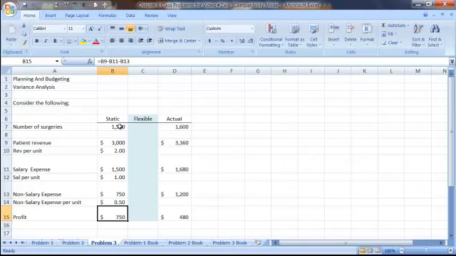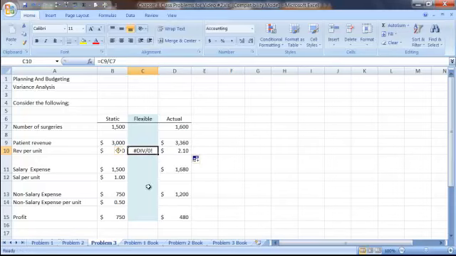So now we know what the standard costs were for what we thought we'd get in revenue per surgery, what we thought the salary cost would be per surgery, and the non-salary cost per surgery. Now we can make our life simple and copy these formulas right across so that we'll have them there.